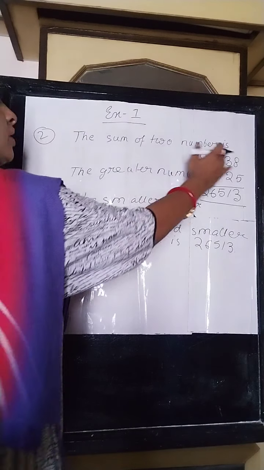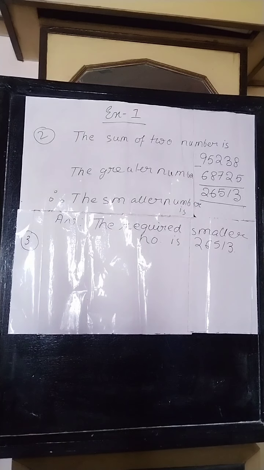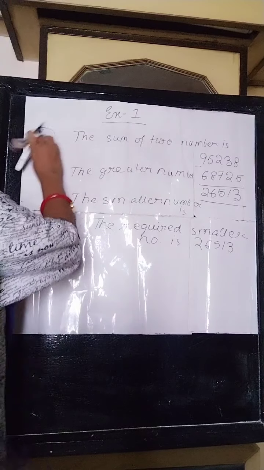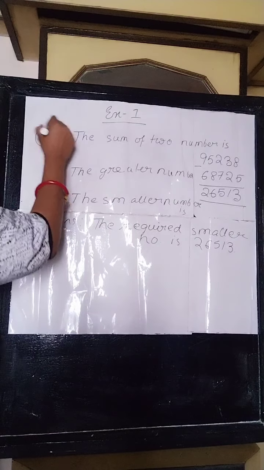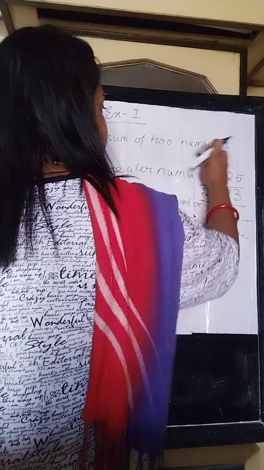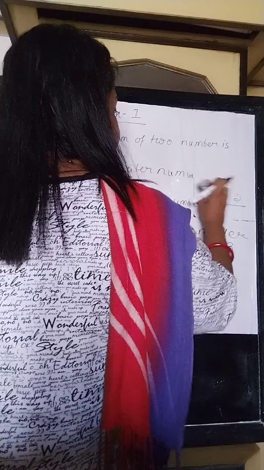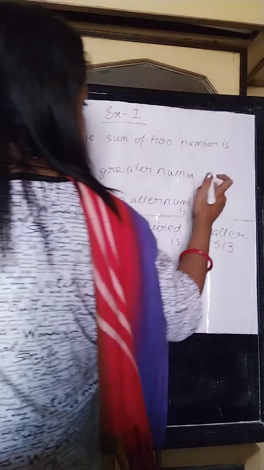In the previous sum, the greater number was given to you. But in this sum, the smaller number is given to you. So we will do some changes and do it like this. The sum of two numbers is given, 47289.